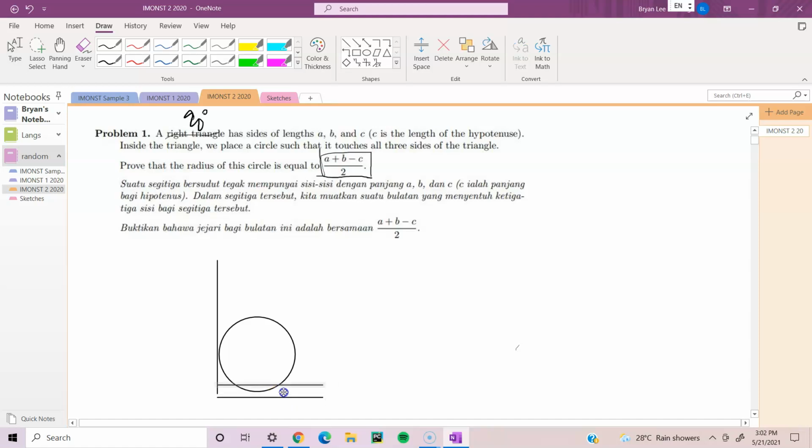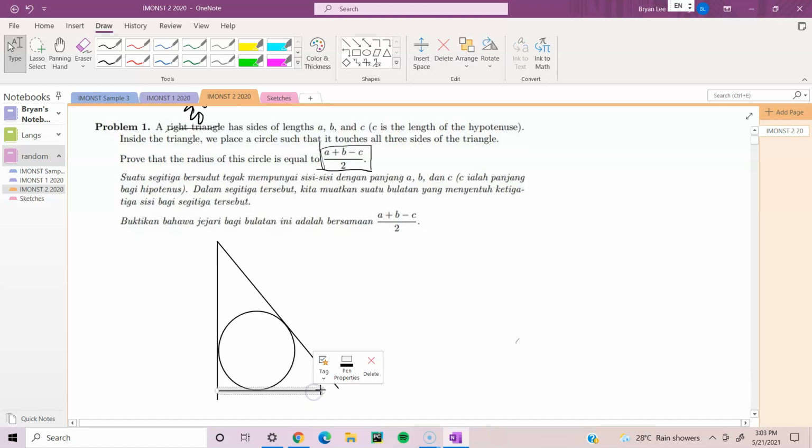This might take a minute or two, so bear with me for a while because I need to make a good picture so that it facilitates our solving process. So something like this. This is a rough estimate, but anyways. One last thing, we lengthen this, then this one also. Voila. This might not be the best circle, but this is good enough to make an explanation.